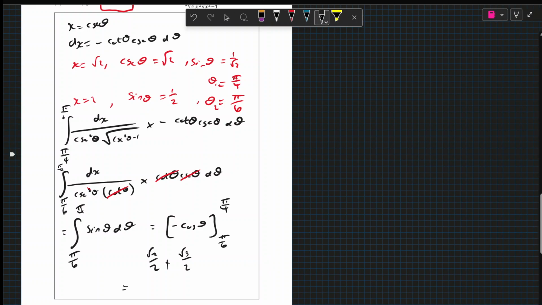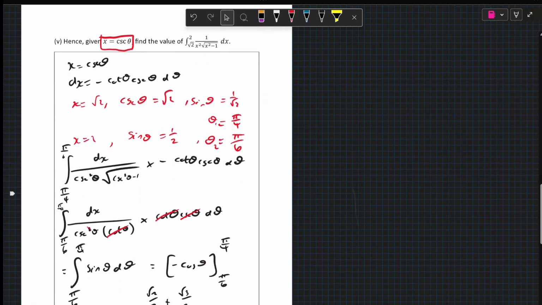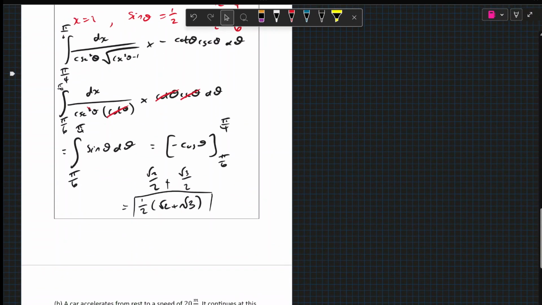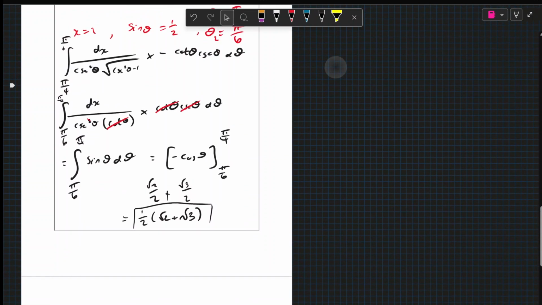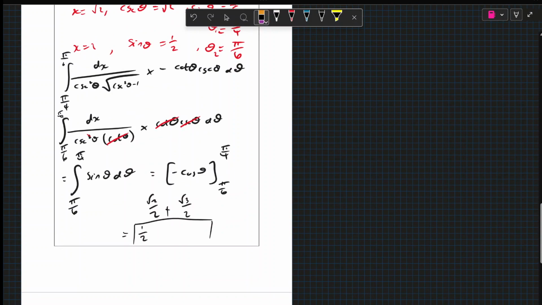And then when we simplify this, we can factor out a half and we get root 2 plus root 3, which is the area of this thing here. No, wait. Whoops. I was just looking at it because that answer doesn't look familiar.